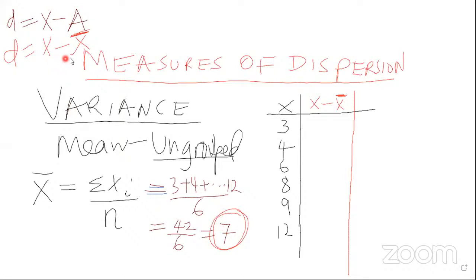So what are the deviations? To work out the deviations, we get a column of x minus the mean. In our case here, x is 3 and the mean is 7. So what's the deviation here? Negative 4. We record -4.